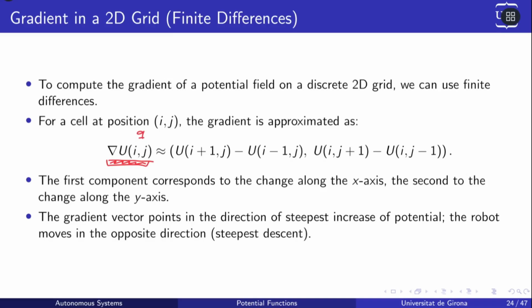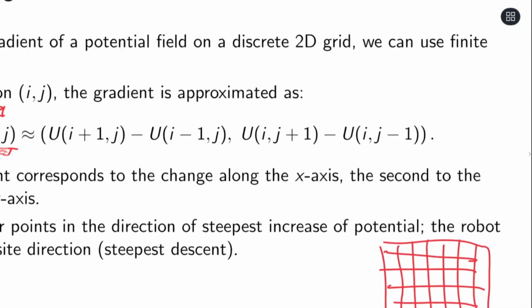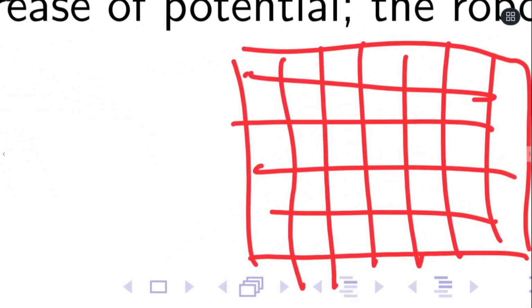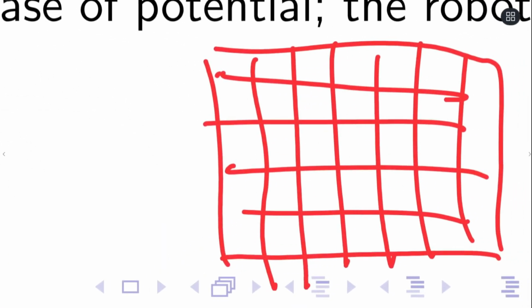Let's compute the gradient of this configuration that has two dimensions, x, y, i, j, whatever. Imagine that we have our world that is just several cells. Make this bigger if you want. And we want to compute the gradient at this particular point.